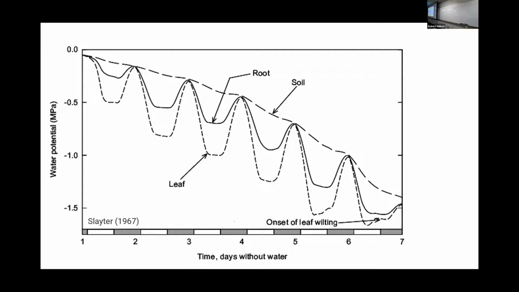You just keep going like this until eventually you get to the point where the leaf potential would probably not recover at night anymore. So this is where the onset of wilting comes, to where at night it wouldn't come back together anymore.